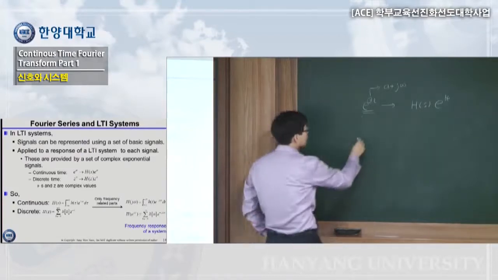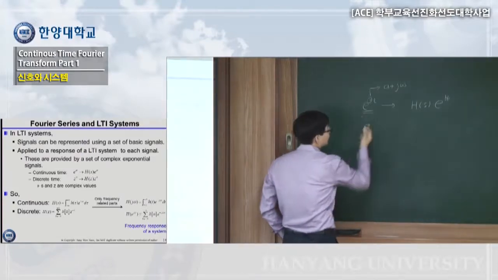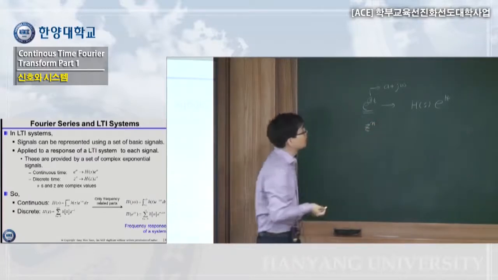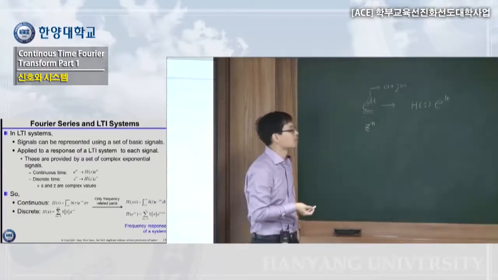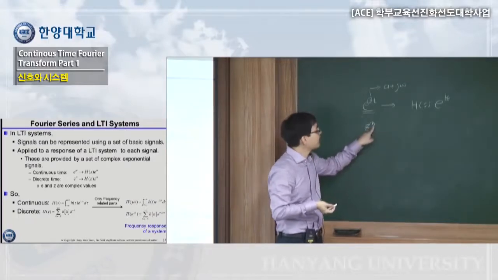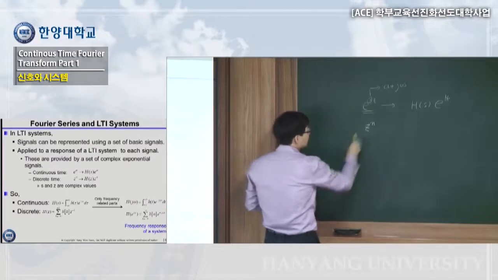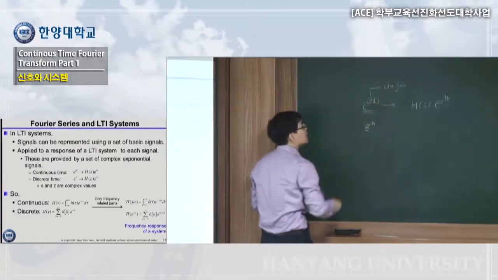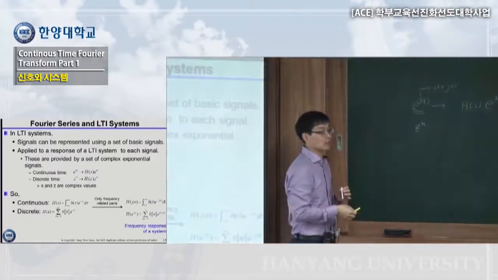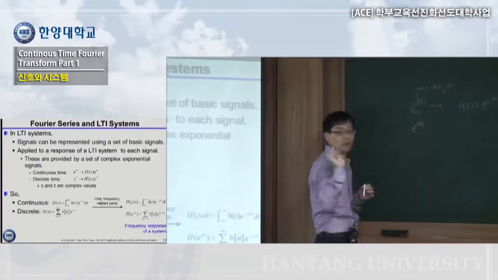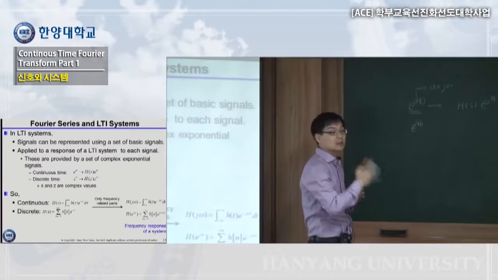In the case of discrete time, we use a symbol called Z, Z to the power of n. N is n and T. We already learned that T is time, which is used for continuous time. N is a number, like 1, 2, 3, 4, 5, 6 in discrete time.